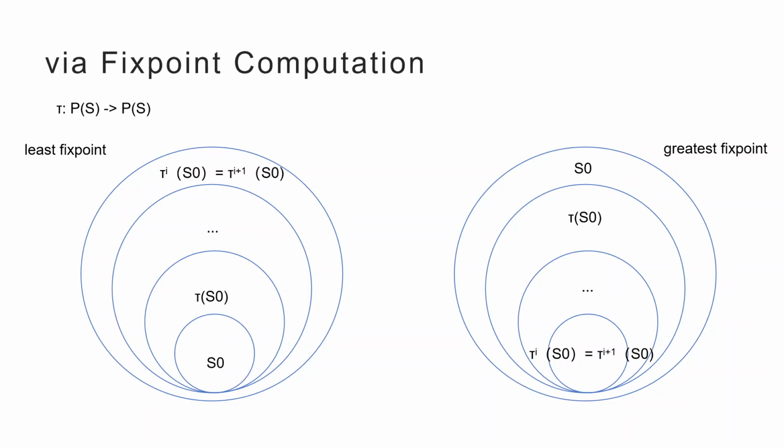Similarly, on the right side, the set S0 can keep shrinking and eventually reach a stable state, and we call this set the greatest fixed point.